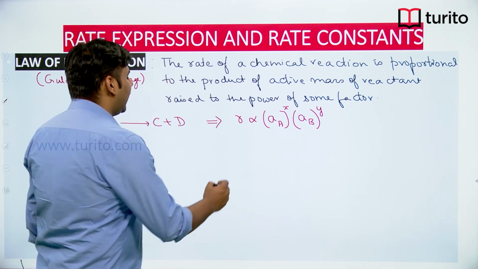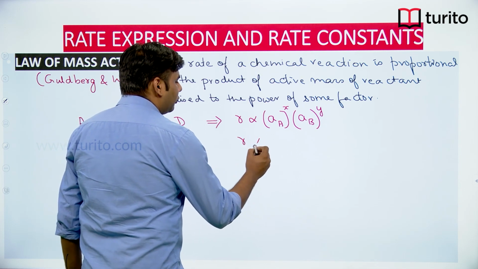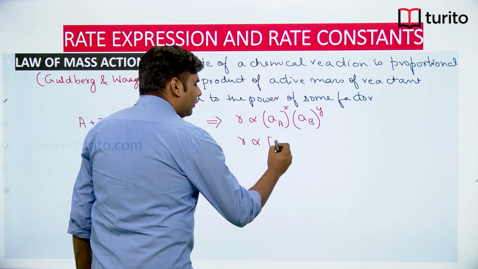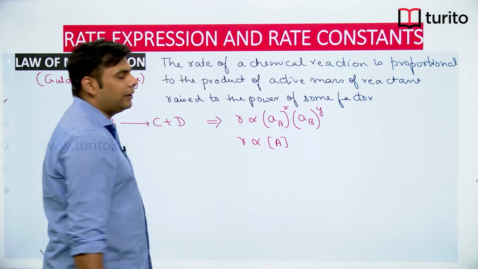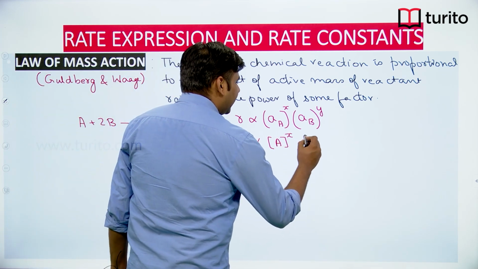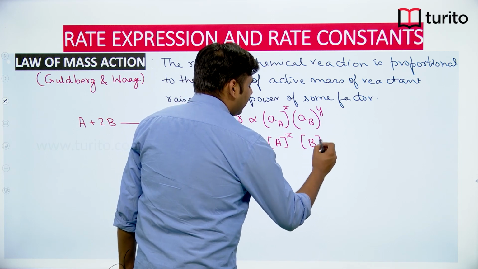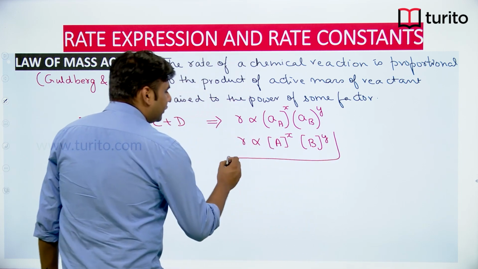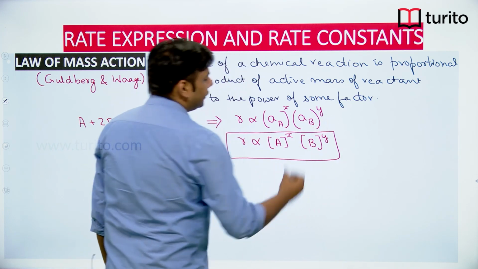So basically we will say that the rate of a reaction is proportional to the concentration of A, where square bracket means we are expressing in terms of concentration, raised to the power x, into concentration of B raised to the power y. This is the basic rate law equation.